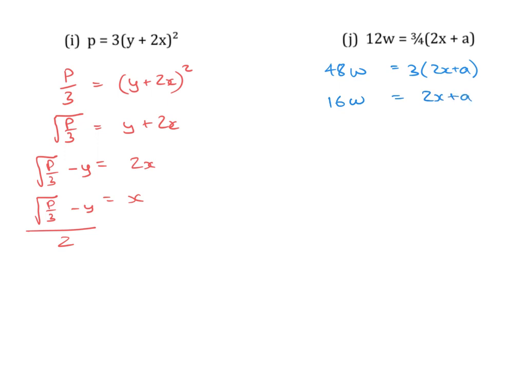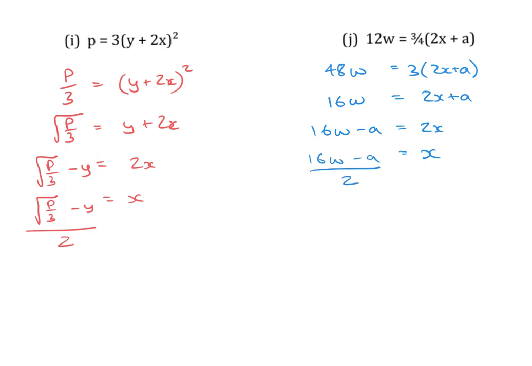At this stage, I can remove my brackets. I want to isolate the term involving x, so I'm going to subtract a. So 2x equals 16w subtract a. And then finally, I think it's going to be divided by 2, so x equals 16w minus a over 2.